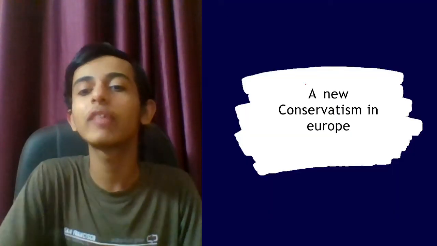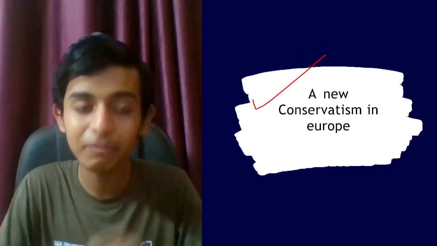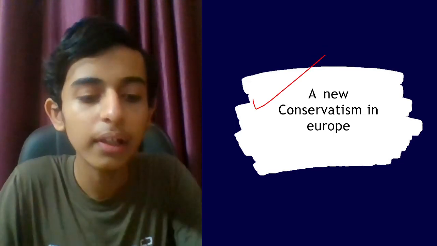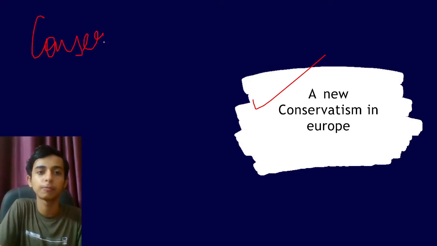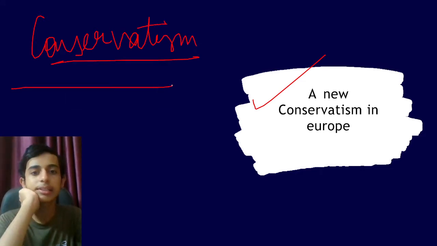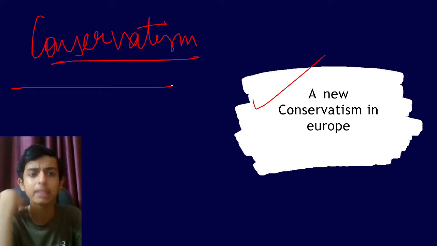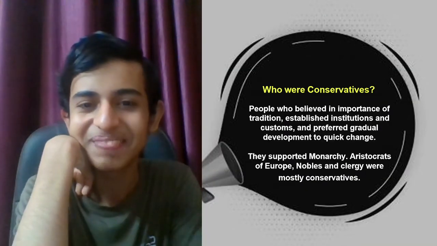All right, now moving on to new conservatism in Europe. Now, with liberalism, we also come to know about conservatism, which also emerged in Europe. In your Russian Revolution in class 9, you must have read about conservatives. Who were the conservatives? Is somebody able to recall?